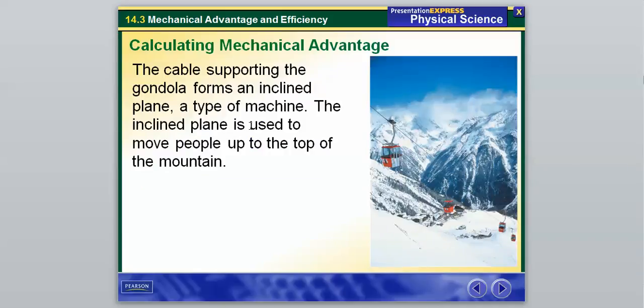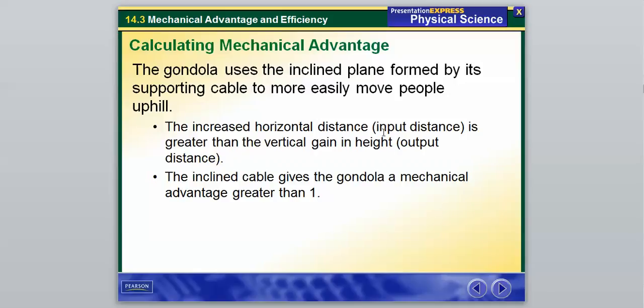The cable supporting the gondola, which is this little box right here, forms an inclined plane, which is a type of machine, and the inclined plane is used to move people up to the top of the mountain. So how is this going to apply to our ideal mechanical advantage? We will see, again, the gondola uses the inclined plane formed by its supporting cable to more easily move people uphill.